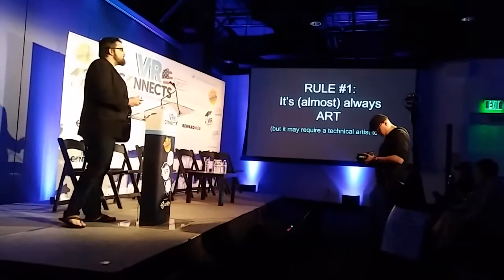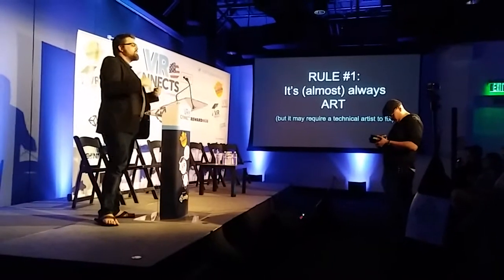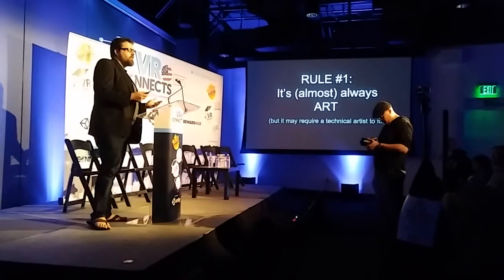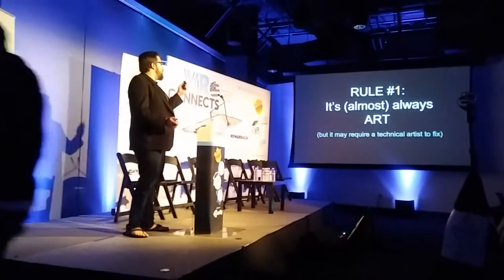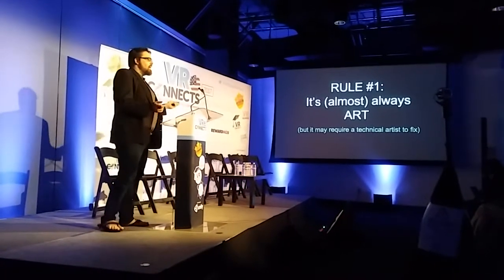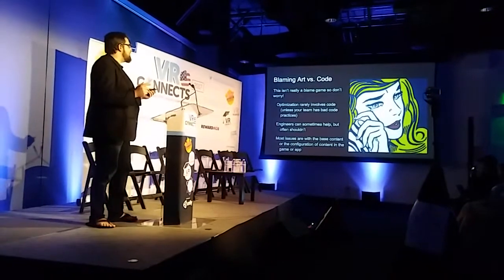So rule number one, and this is if we're talking about optimizing performance issues in your VR product: if you're having trouble with performance, it's almost always art. And no, I'm not saying this to throw blame around or anything like that.